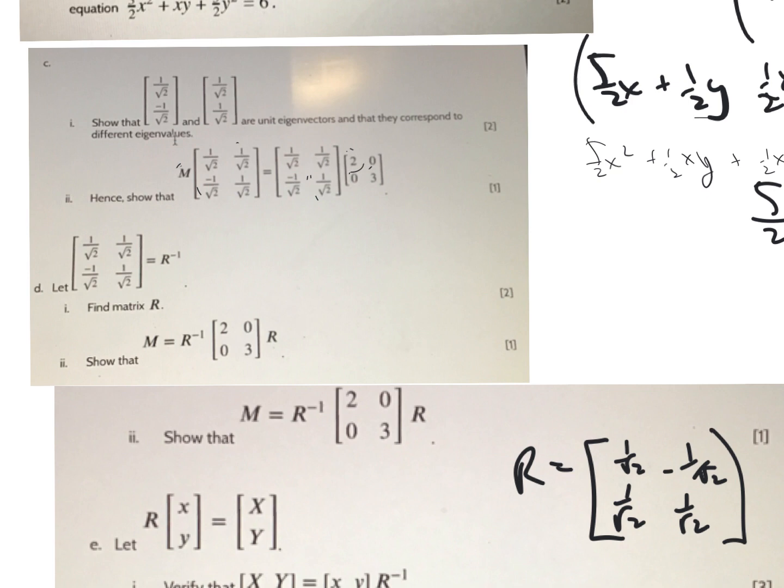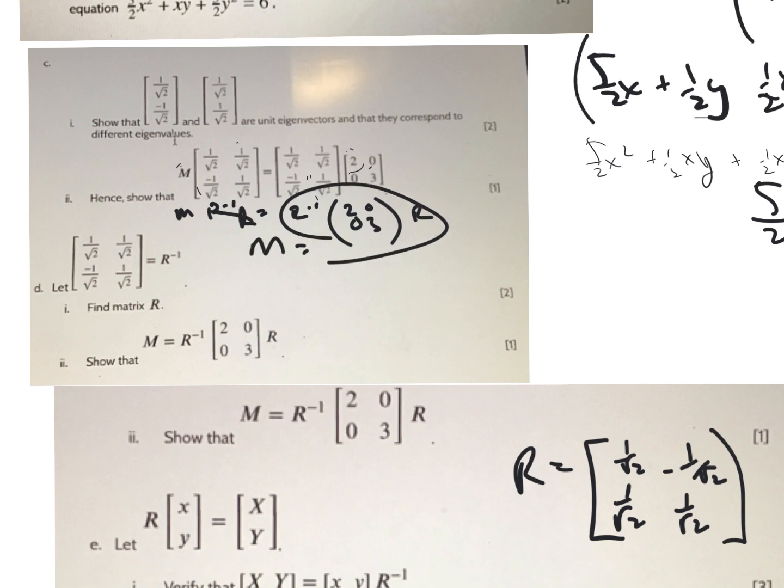Well, if I look here, this is M times this here, R inverse already, is equal to R inverse times 2003. If I multiply by R on this side and R on that side, that becomes just M is equal to this procedure here.